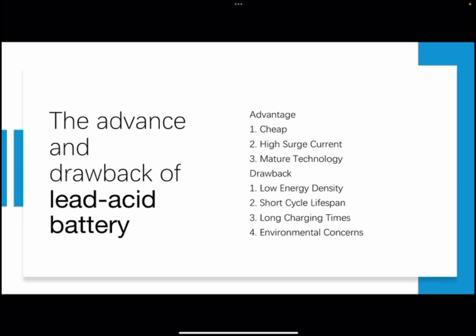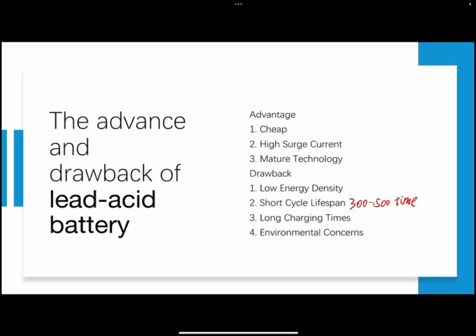And this kind of lead-acid battery has another drawback, which is short cycle lifespan. You can see that it can only be used about 300 to 500 times in total, such as discharging the battery from 100% to 0%, and then charging it from 0% to 100%.